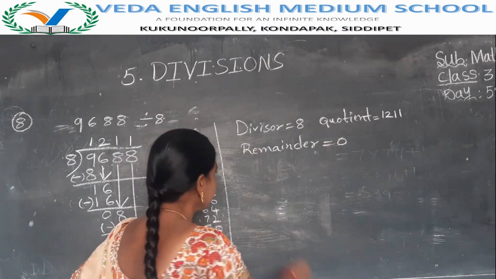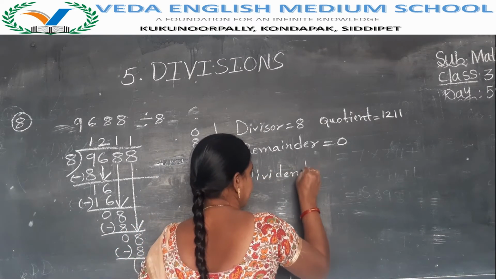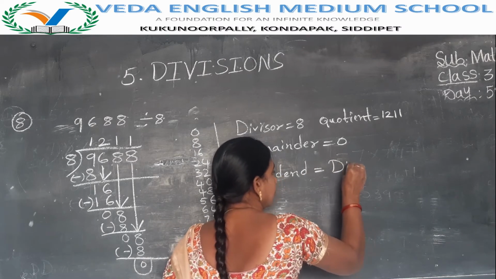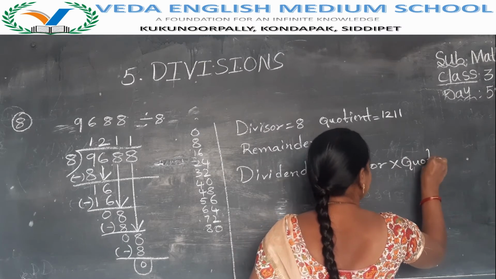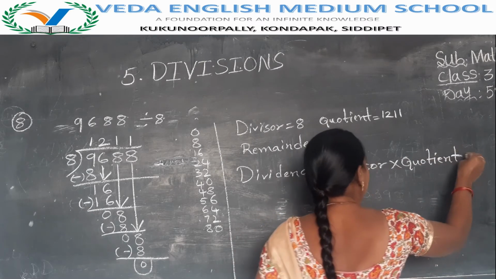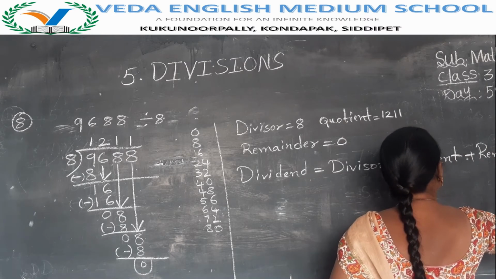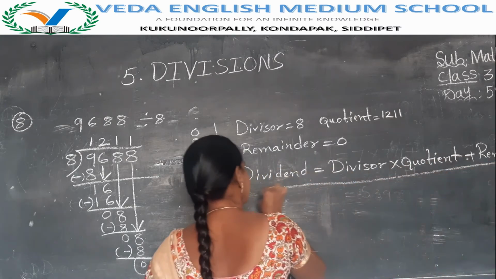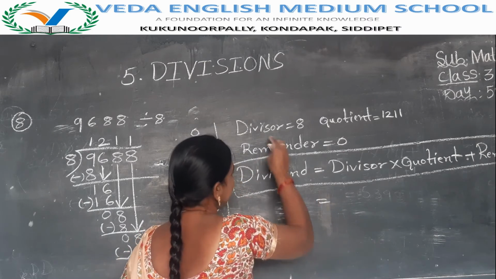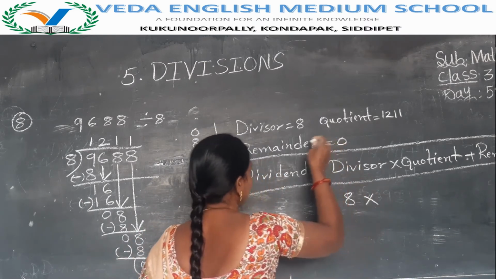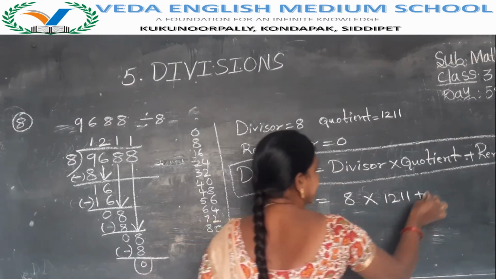Now write the principle: Dividend equals divisor into quotient plus remainder. So this is the principle. How much is the divisor here? 8. Quotient, how much? 1211, plus remainder, here 0.